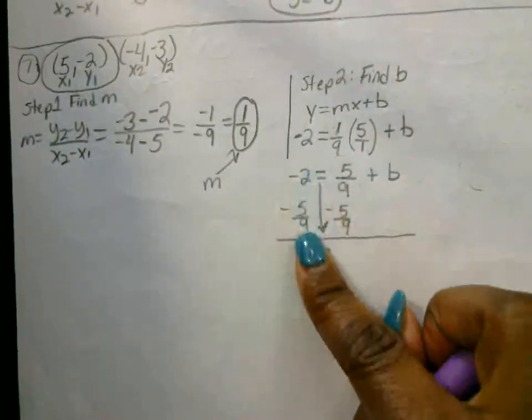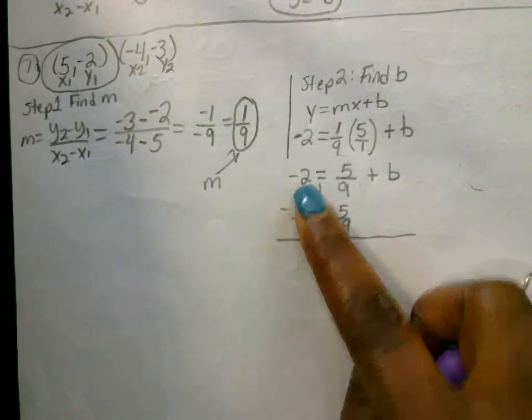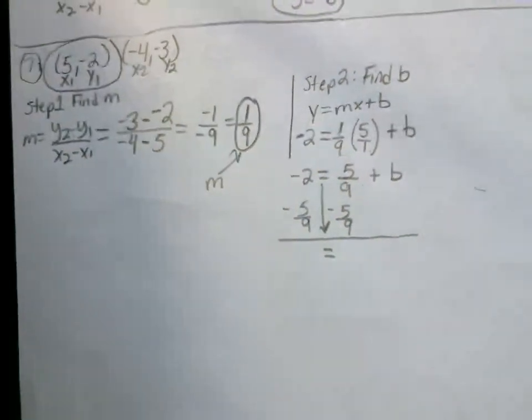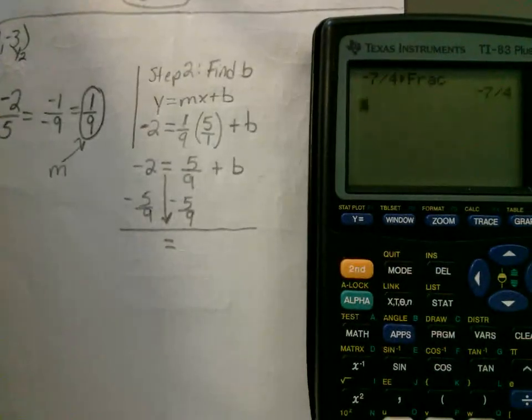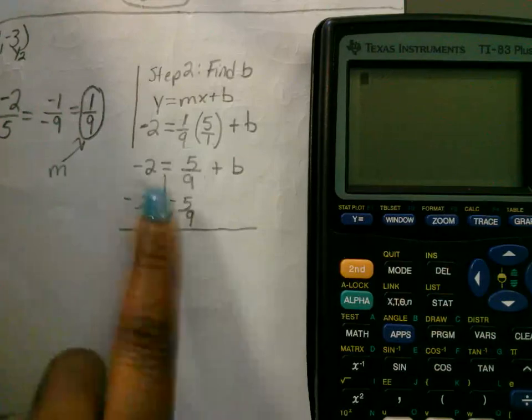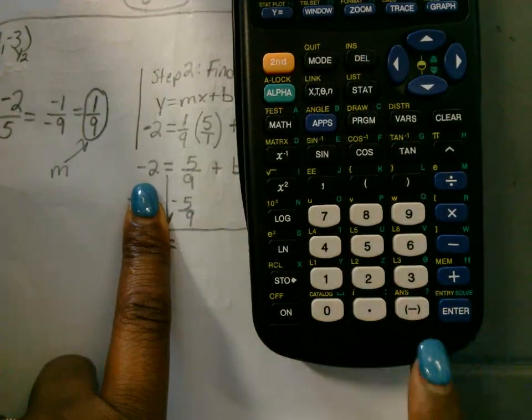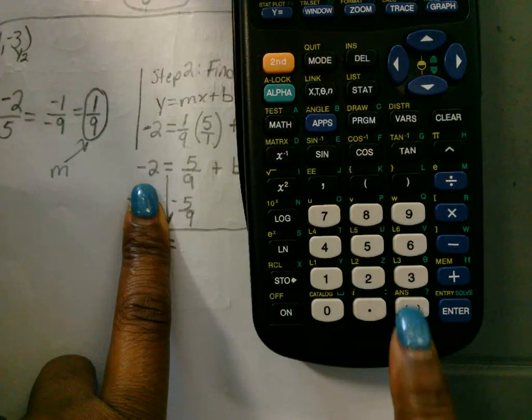Let's type this in our calculator: -2 minus 5/9. I need everybody to type it in because you're not going to know how to do this unless you do it. Where's the negative button in the calculator? Very good. Right here under the 3.